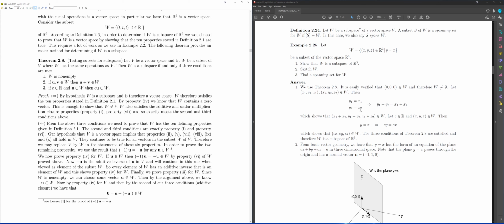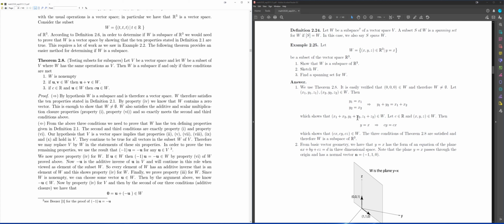Okay, and I can add these two, right, which will give me that x1 plus x2 is equal to y1 plus y2, right? And now what I do is I consider the sum of these two vectors over here, right? Okay, so if I have the u and v and w, I need to consider the sum, right? And the sum of these two vectors is x1 plus x2, y1 plus y2, and z1 plus z2, which is this here, right?